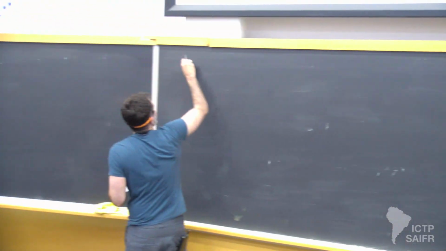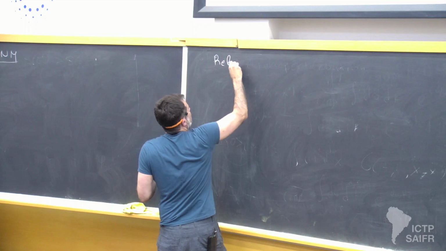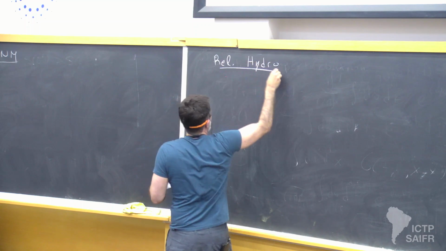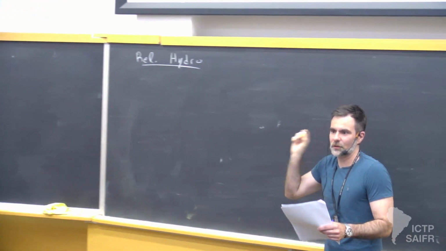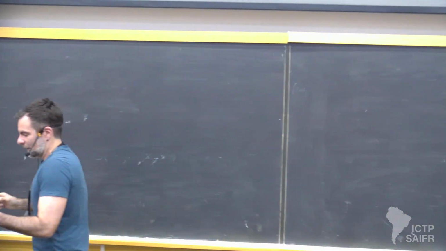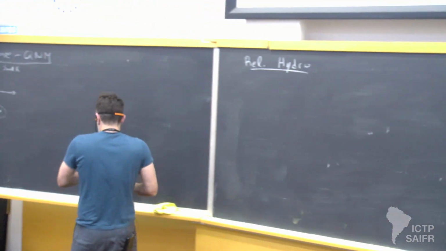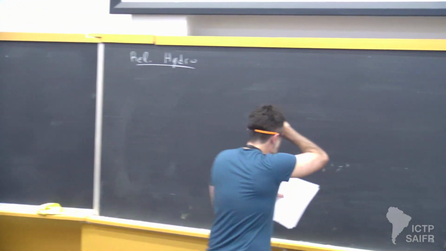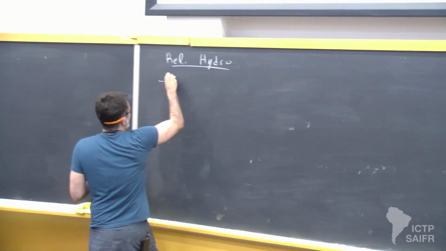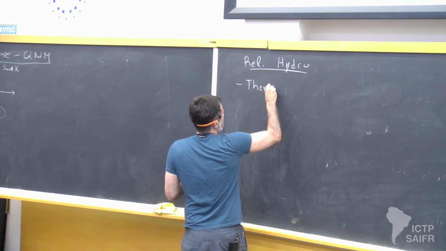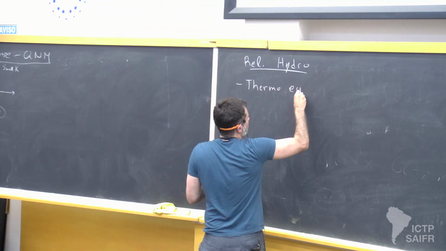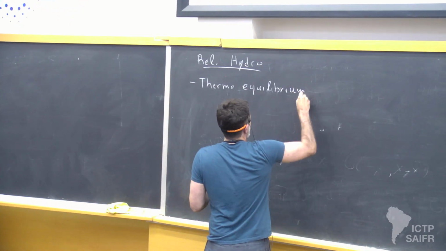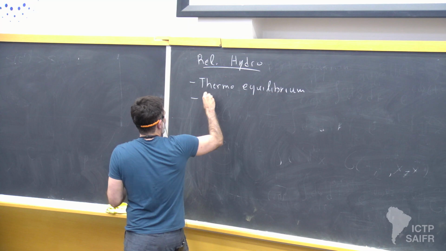So let's call this relativistic hydrodynamics. I will be very quick about this. I just want to extract a couple of things from it, right? So let's say that we are in thermodynamic equilibrium, and let's say that we are also in the rest frame.